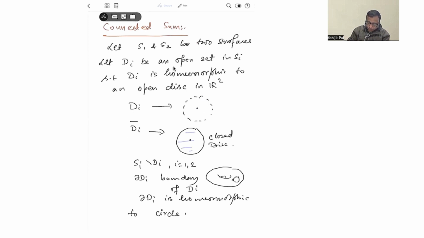Now take out this open disk from Si, so Si minus Di, for i equal to 1 and 2. Also note that boundary of Di, del Di, is the topological boundary of Di.